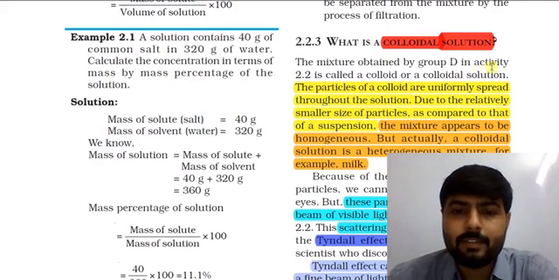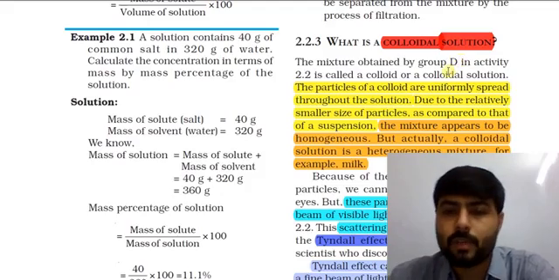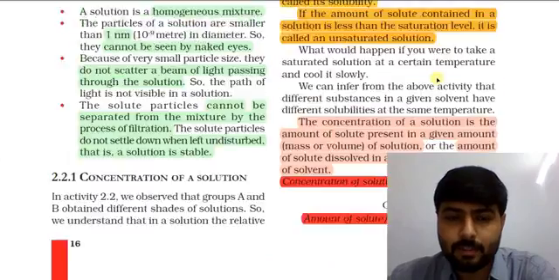Remember, this is not the definition of colloid or colloidal solution. In exam, you do not have to write this. That is not the definition. This is for understanding purpose.